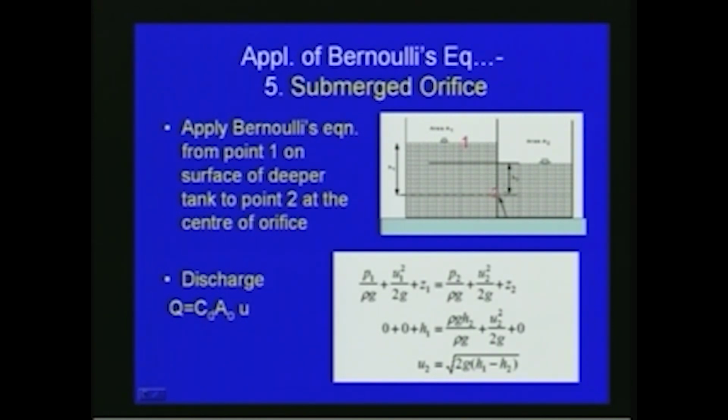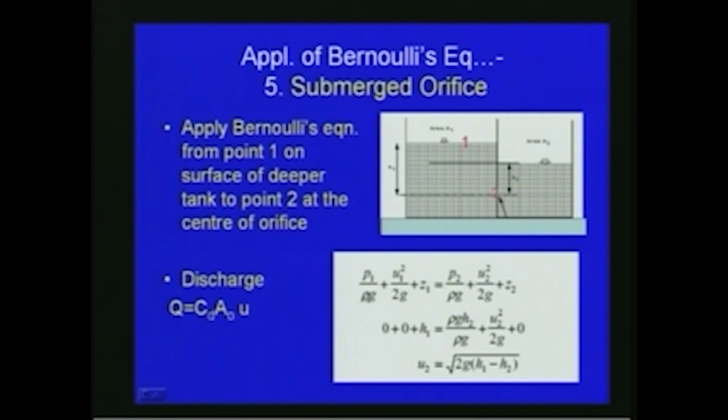So after some time this becomes a submerged orifice. To find the discharge or the velocity of flow through the submerged orifice, we can apply Bernoulli's equation from this point 1 to this point 2 at the end of the orifice.